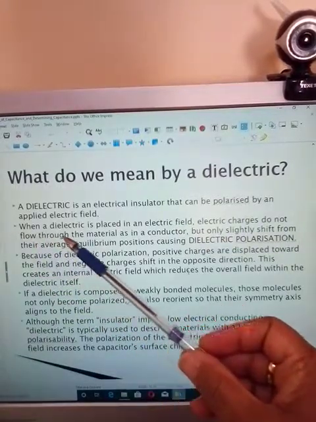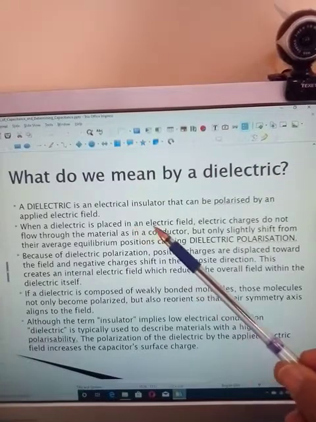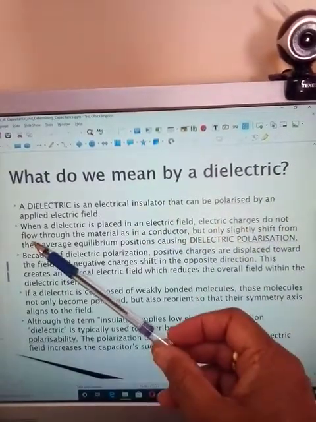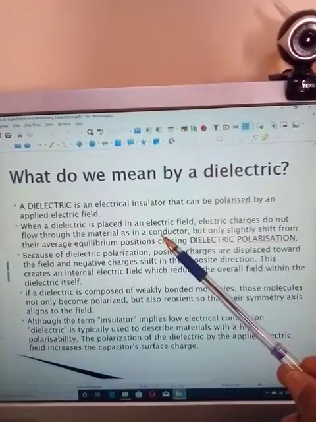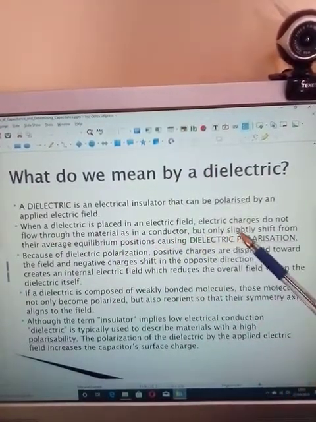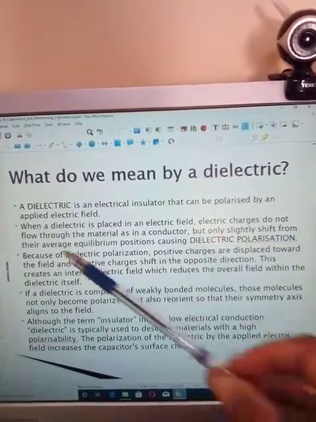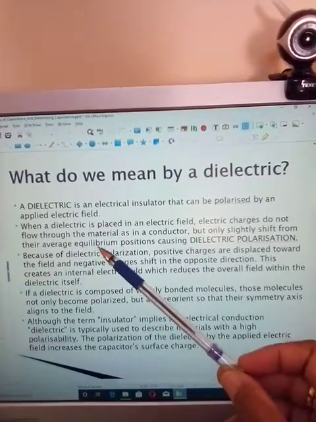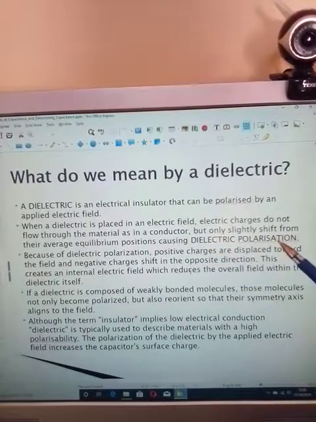Now when a dielectric is placed in an electric field, electric charges do not flow through the material as in a conductor, but only slightly shift from their average equilibrium, meaning balance, positions, causing dielectric polarization.